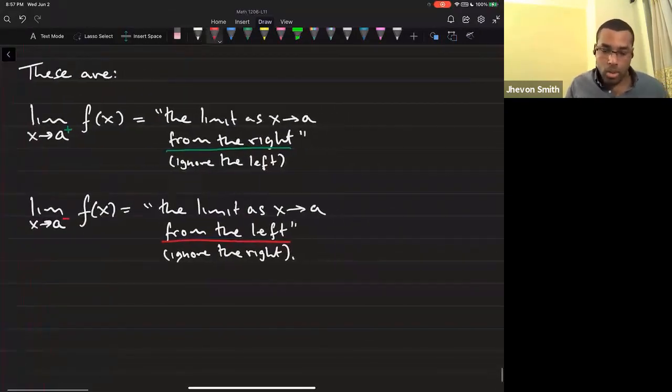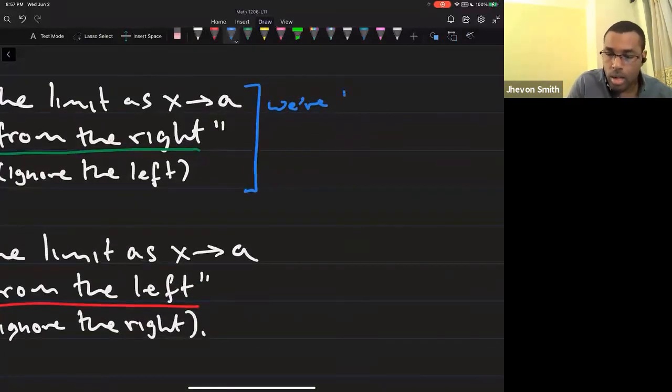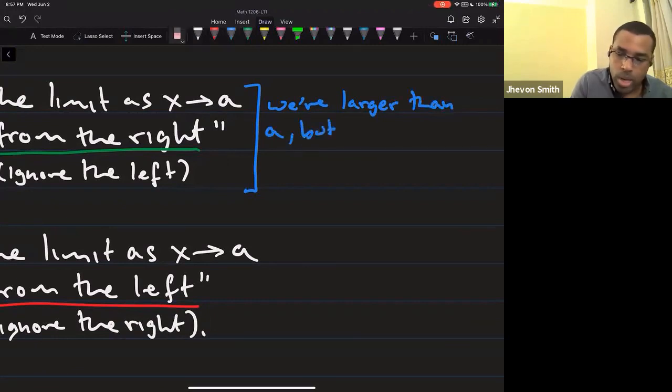Right, so now the idea here is that x is larger than a, but getting close to a.